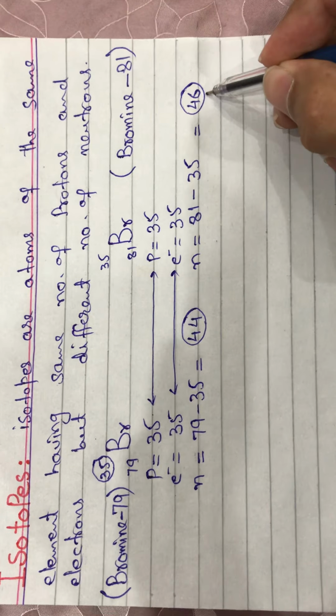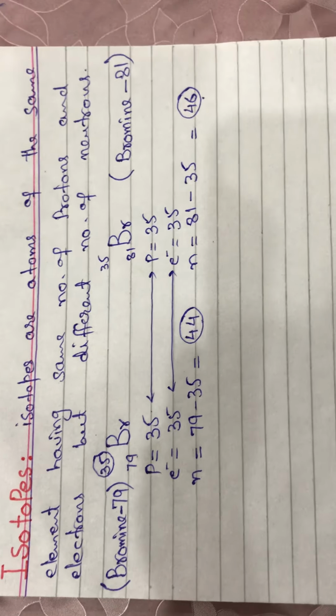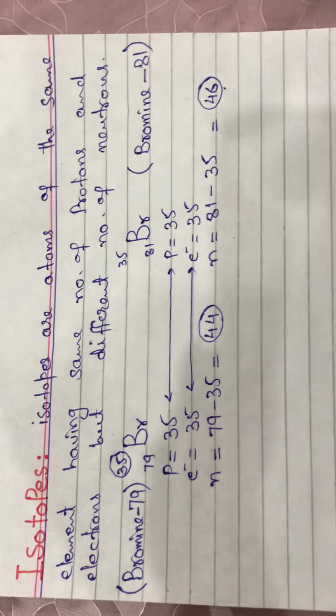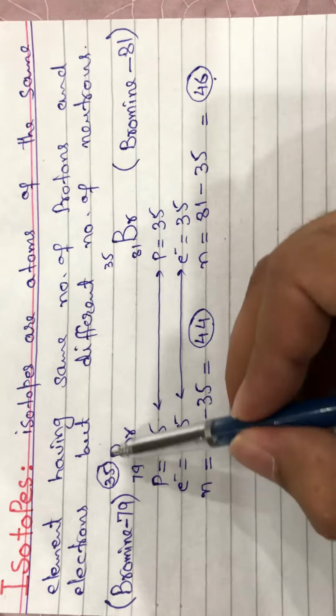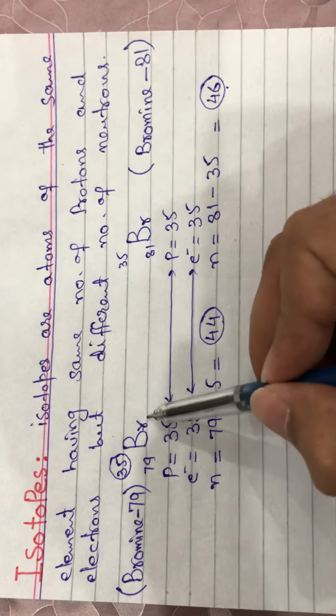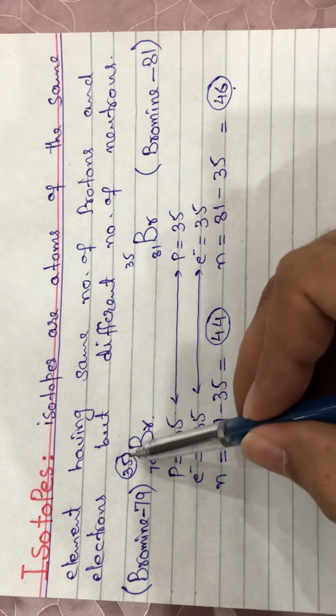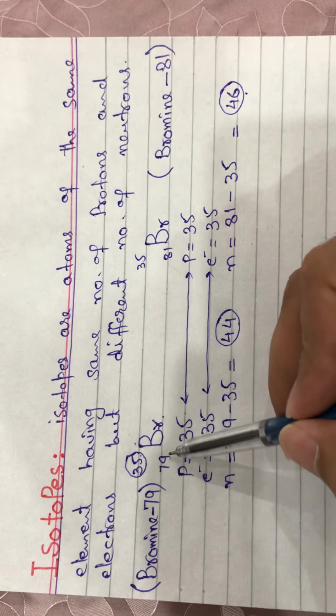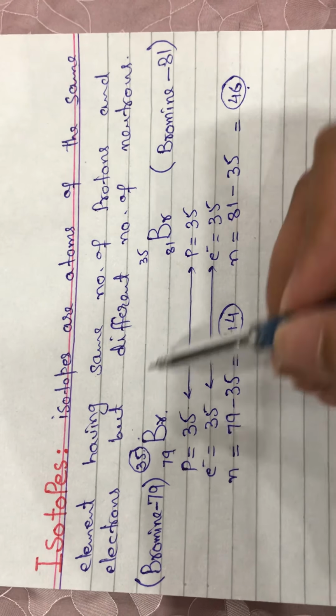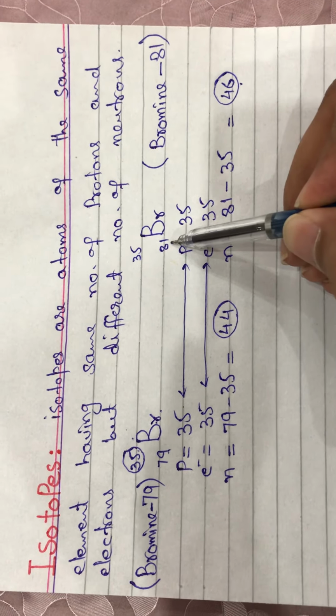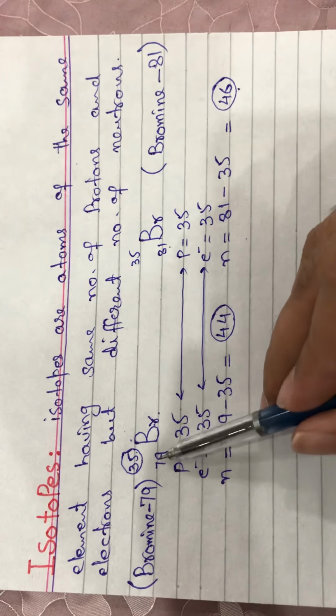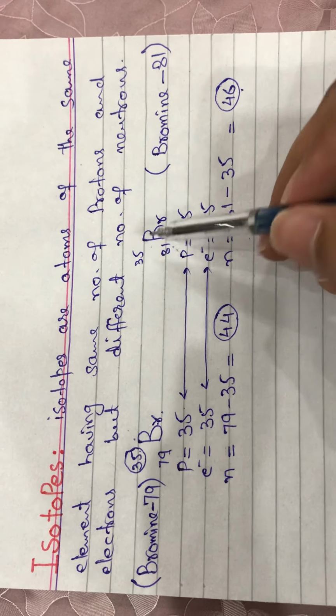Now we can also modify our definition by looking at the symbols of bromine. Atomic number is 35, but atomic mass over here is 79 and over here atomic mass is 81. Our nucleon number is different but proton number is the same.